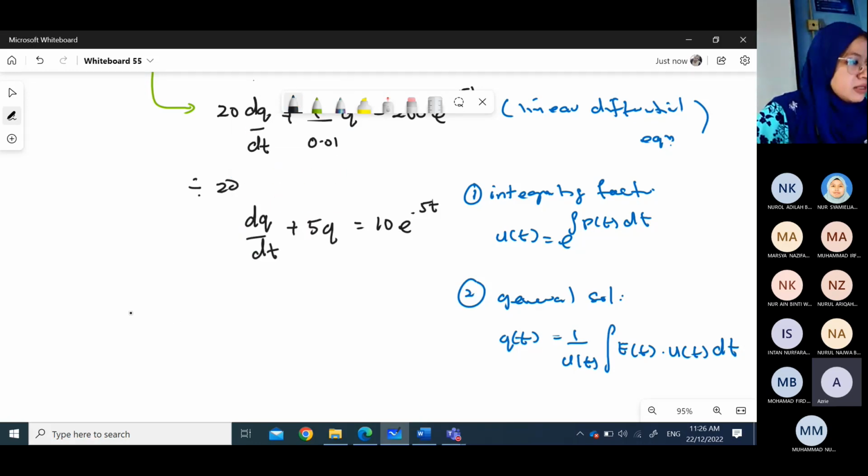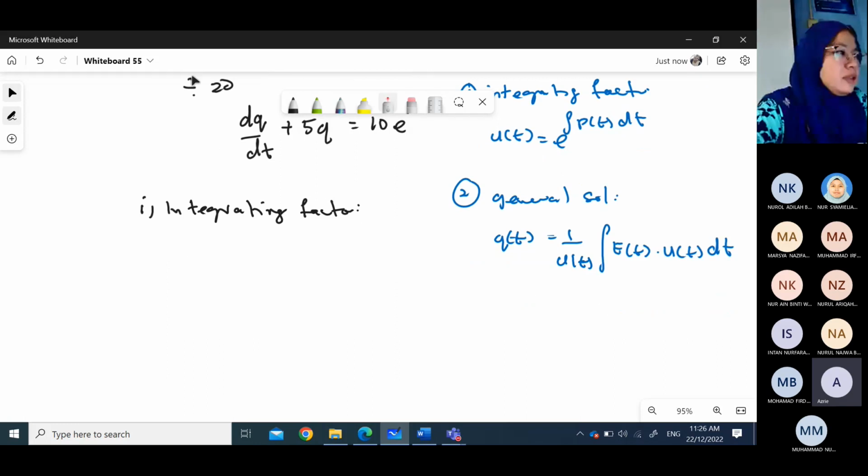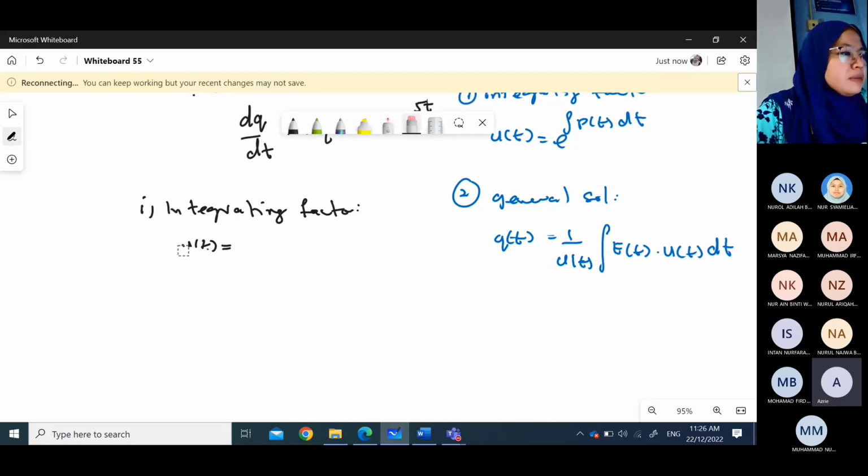Right, so next. Kita cari lah kat sini, first integrating factor. Okay, cari integrating factor. Faham tak? Kalau tak faham, saya tanya. Jangan senyap je.